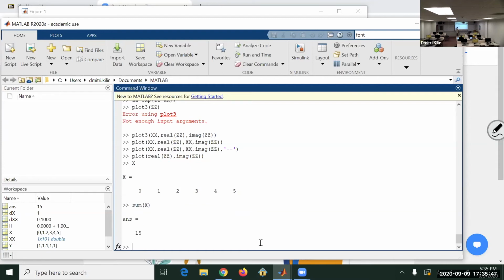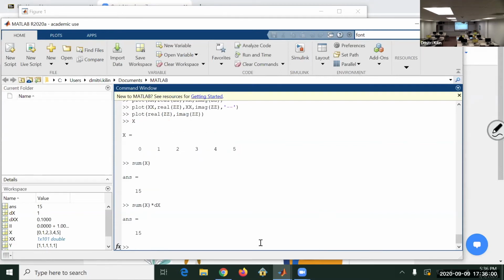Right? Correct? So just adding together. And if we make summation multiplied by dx, here it will be again 15, but it will be approximate numerical integration.